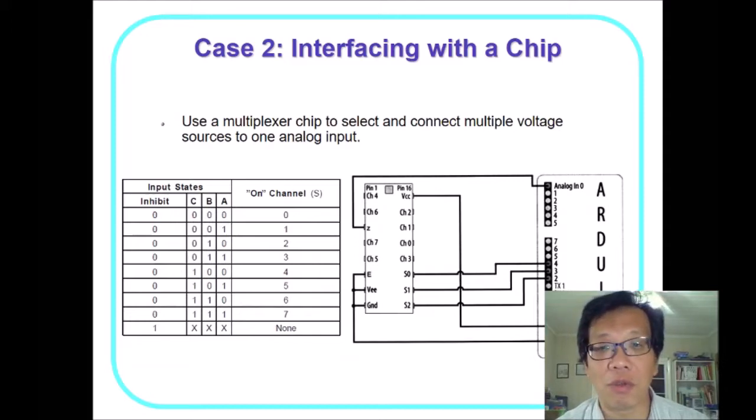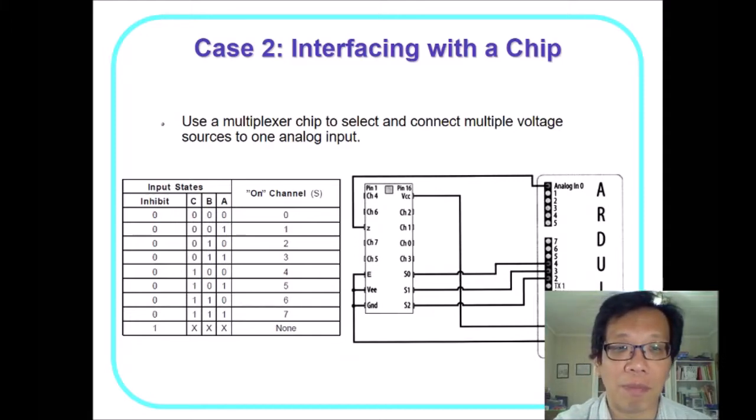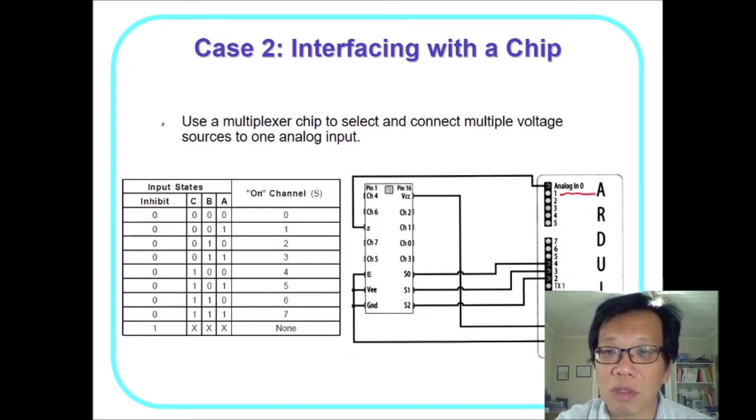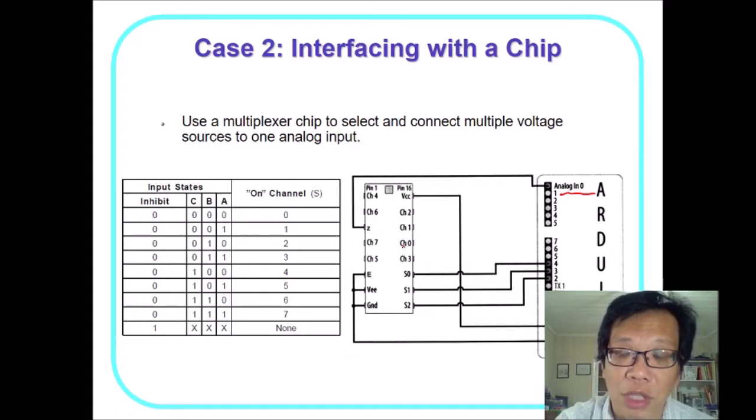If we control the ABC pins over here, we can actually control which one gets into the Arduino analog 0 over here. What this means is that we have, I think, 8 channels from channel 0 to channel 7.